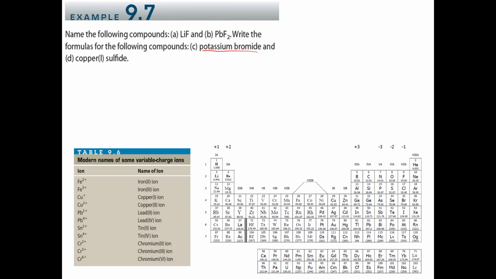Potassium is K, and this must be the metal because it's first, and then bromide must be the non-metal. Let's check the charge for potassium. Potassium is in the first group, so it's +1. Now bromine is in group 7 and is -1.